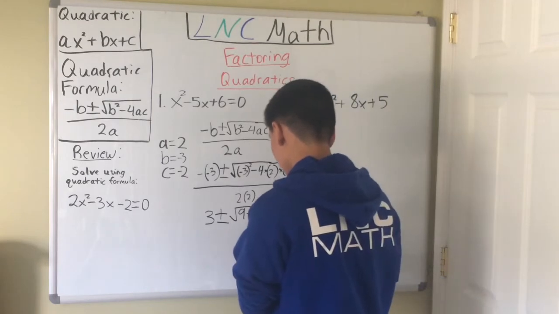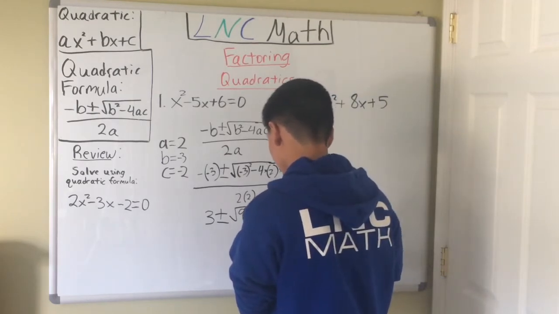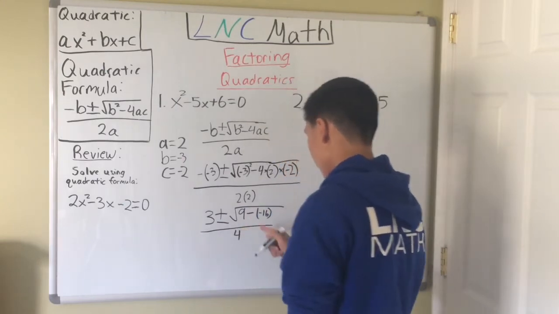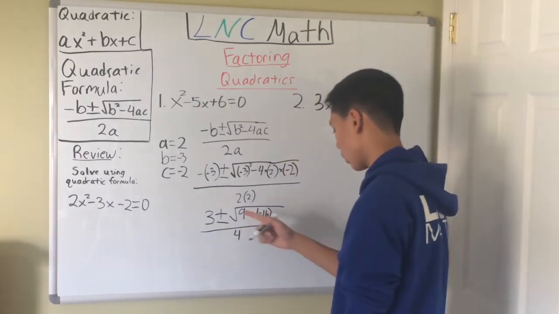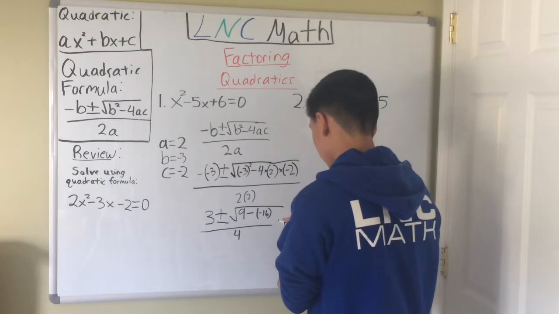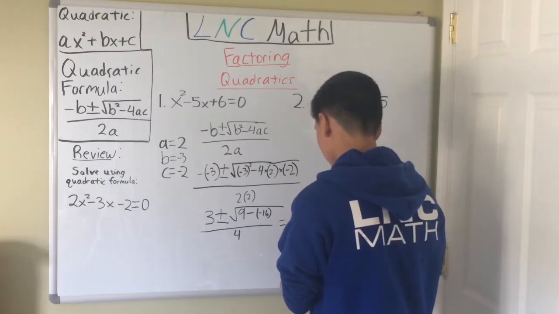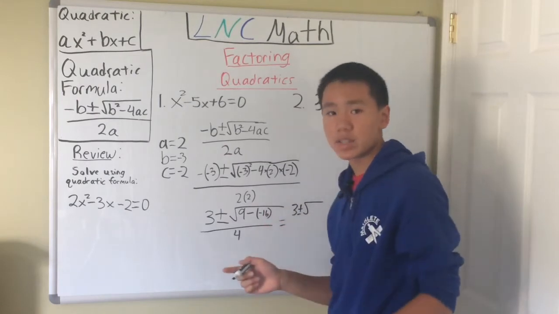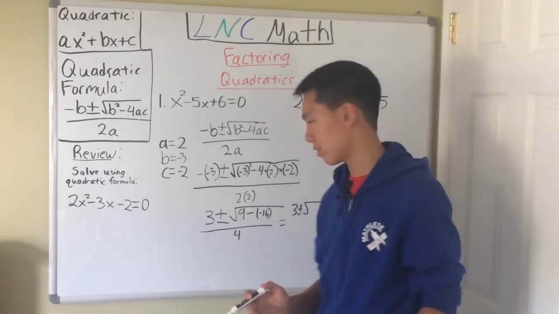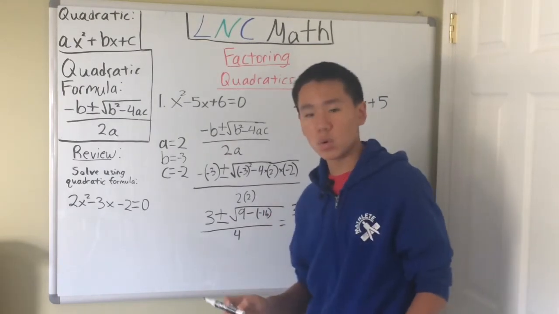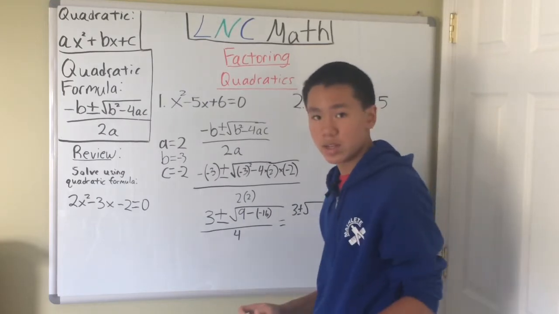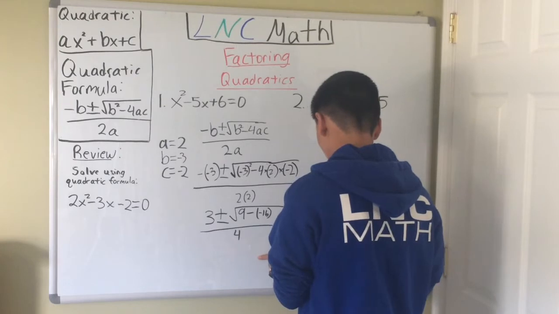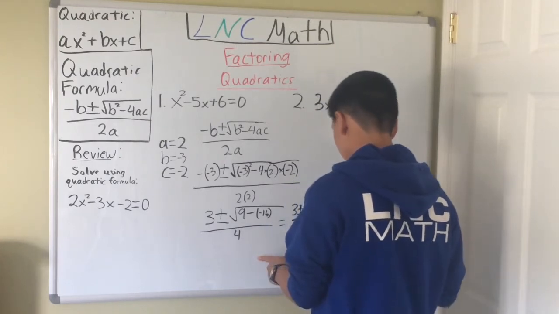So minus a negative 16 all over 2 times 2 is 4. And we can simplify the square root: 9 minus a negative 16 is the same as 9 plus a positive 16. That's the rule when you're subtracting negatives. So 9 plus 16 is 25, all over 4 again.